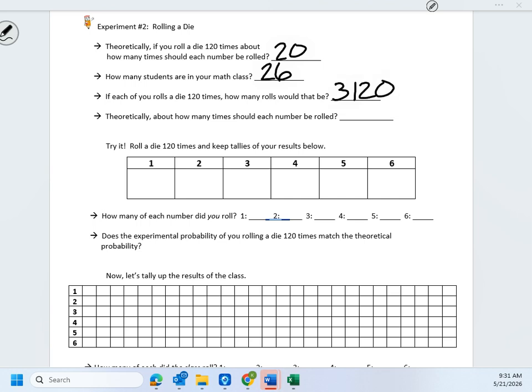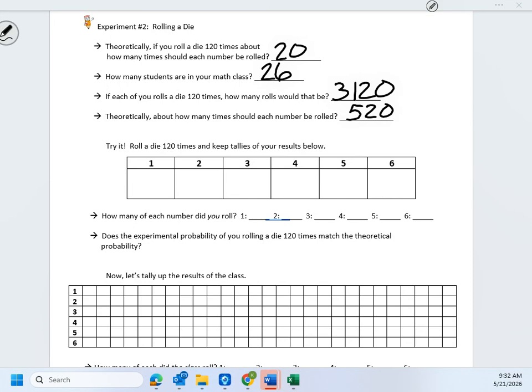Now, if we are rolling that die 3,120 times, theoretically, how many times should each number be rolled? Vinny? 520. Yeah, 520. We divide that number by the 6, right? Because there are 6 numbers. So now we're going to see what we get.